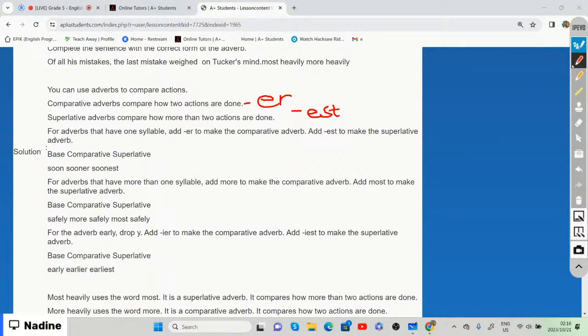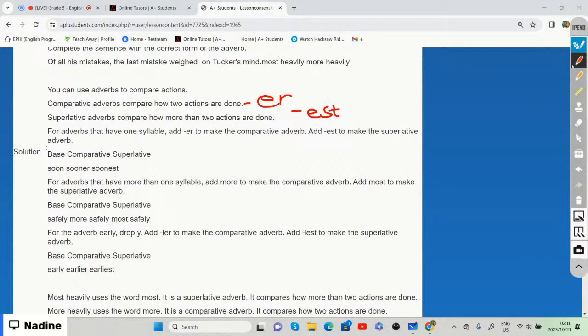So for an adverb that has one syllable, like fast or soon, it means that we add er or est: er to a comparative adverb and est to a superlative adverb. That is when it has one syllable.